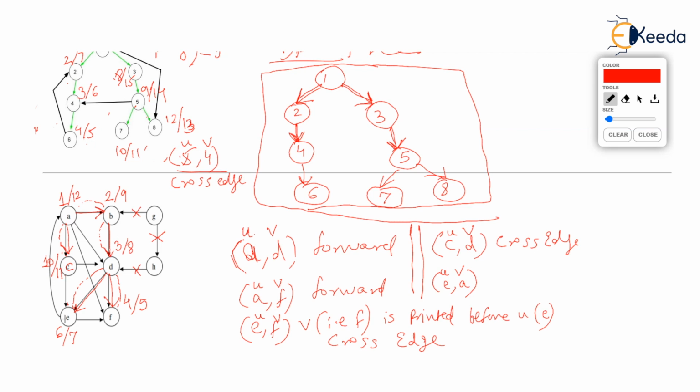That means V is printed before U. So it can be a back edge. But there is a criterion. V is printed before U, and there should be a path from V to U. Is there any path from V to U? Remember, V is A here. Yes, there is a path from V to U. A to C, C to E. So E to A is a back edge.